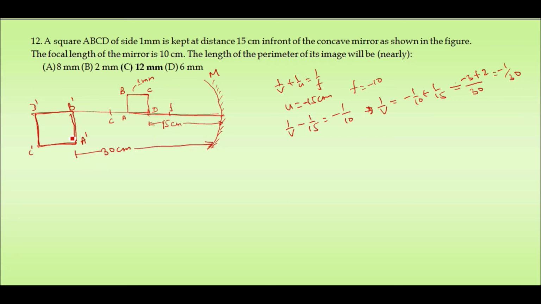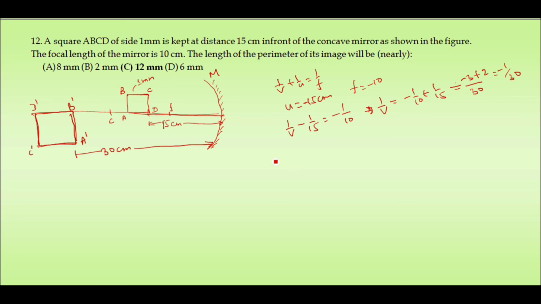Now if you see, the heights of the image, C dash D dash and A dash B dash, will be calculated by using the concept of transverse magnification, while the object sides AD and BC are placed along the axis. So the length of image A dash D dash and B dash C dash will be governed by longitudinal magnification.